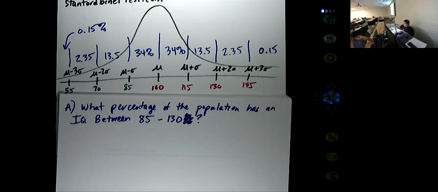The question will actually come in the form: the IQ test has a mean of 100 and a standard deviation of 15. What percentage of the population has an IQ between 85 and 130?